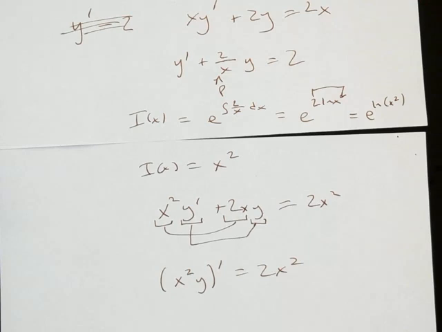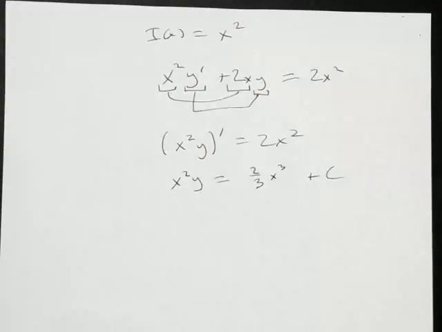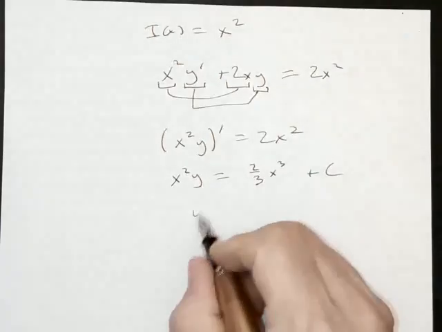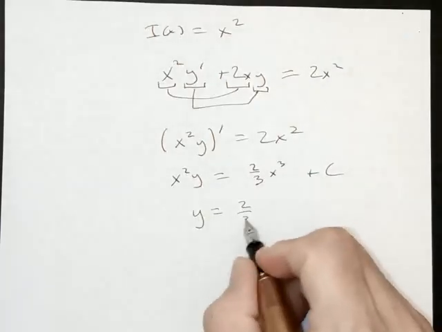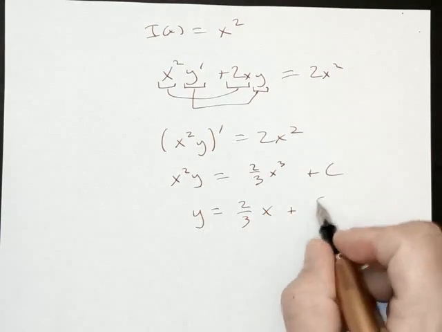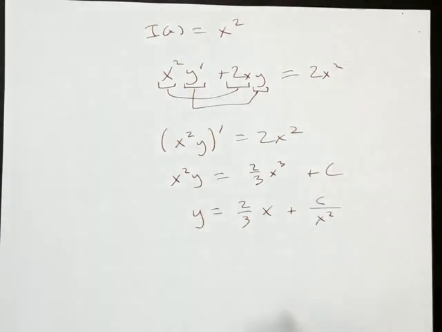In my previous problems, I didn't give you an initial condition. I'm going to give you an initial condition after we solve this. x squared y equals the antiderivative of 2x squared, which is 2/3 x cubed plus a c. I divide out the x squared, y equals 2/3 x plus c over x squared.